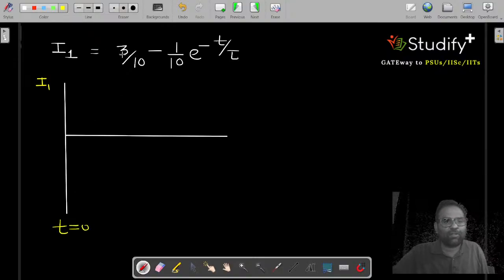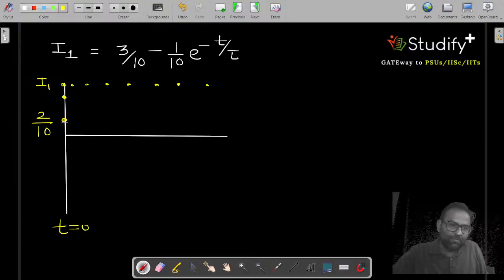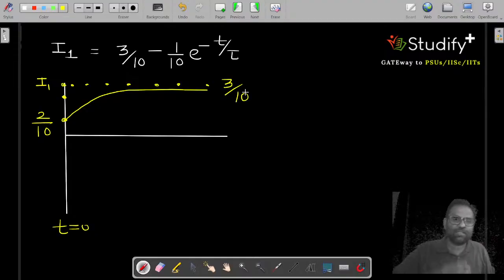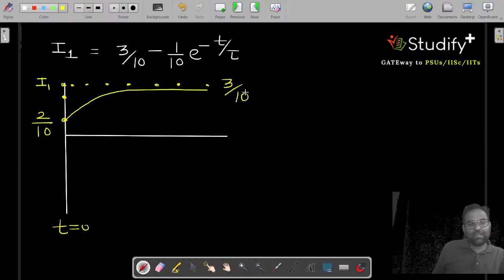When t is equal to 0, this current is 3 by 10 minus 1 by 10, which is 2 by 10. And in steady state, this current will be 3 by 10. So this current goes from 2 by 10 to 3 by 10 in steady state. So the current coming from the source is increasing from 2 by 10 to 3 by 10.